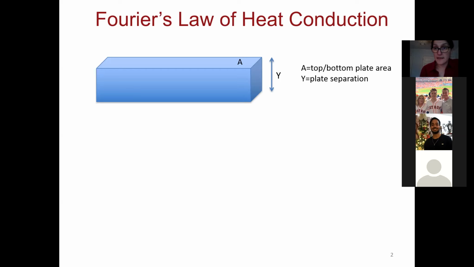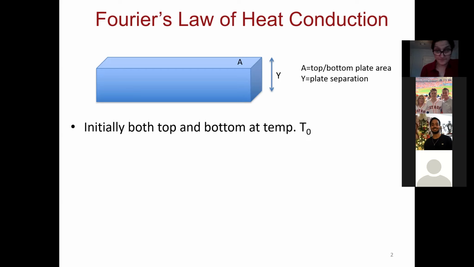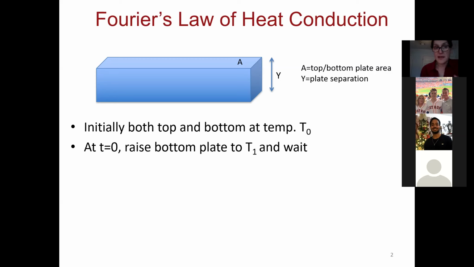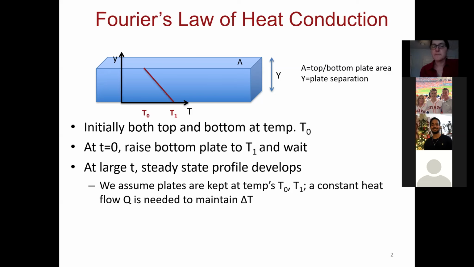We have a certain area on top and bottom, and initially both of them are at the same temperature. Then at a certain time, we raise the bottom plate to a higher temperature, T1, and wait for the temperature to equilibrate. Assuming we keep that bottom plate at temperature T1, a steady state profile develops, and I'm going to have a linear distribution between temperatures T1 and T0 at the top. Again, that requires that we keep the bottom at T1.